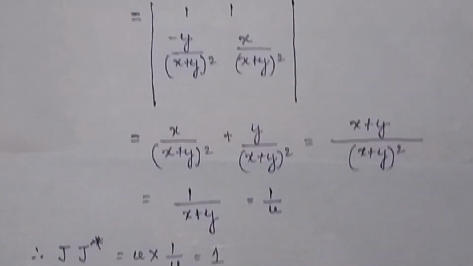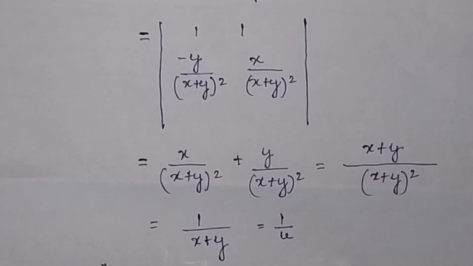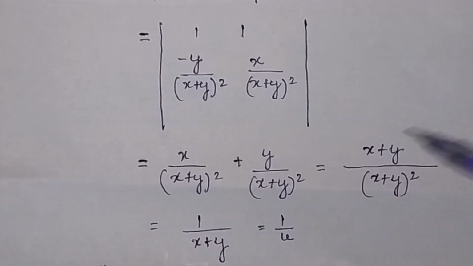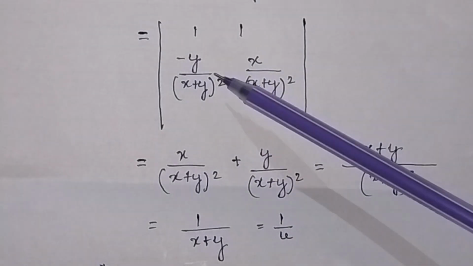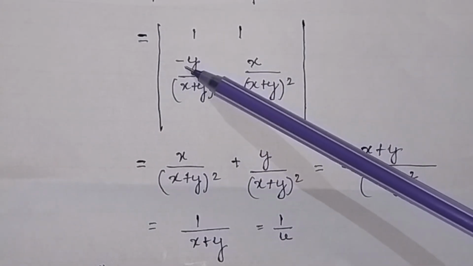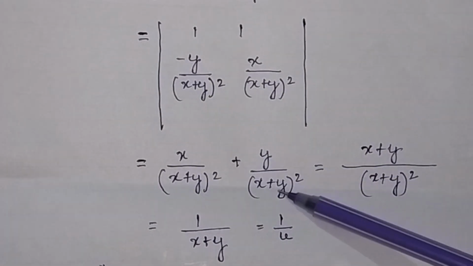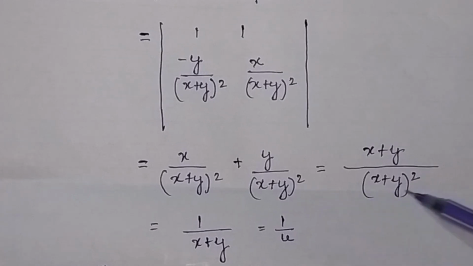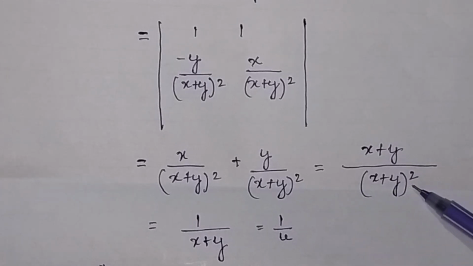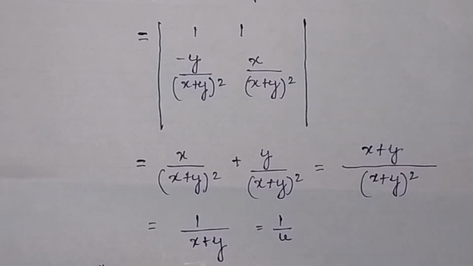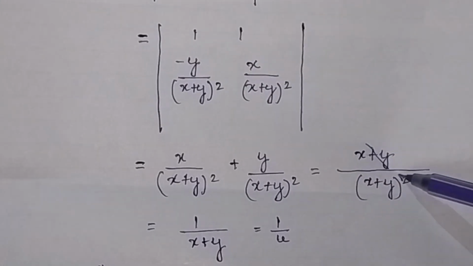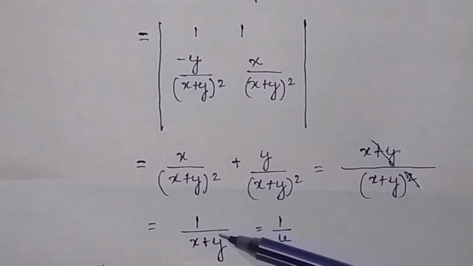So if you find the determinant, this will be equal to x divided by x plus y whole square, minus, here also minus plus so plus, y divided by x plus y whole square. So the LCM is x plus y whole square. In the numerator you have x plus y, so one x plus y cancels, leaving 1 divided by x plus y.